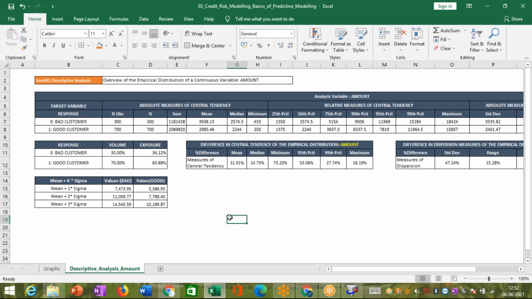I'll tell you the time one day ahead, and we'll talk more about the descriptive analysis, the level 2 and level 3 analyses, and how to keep going and do a full-blown descriptive analysis for a variable using proc means and univariate, when to use what, and how to do the deciling exercise.